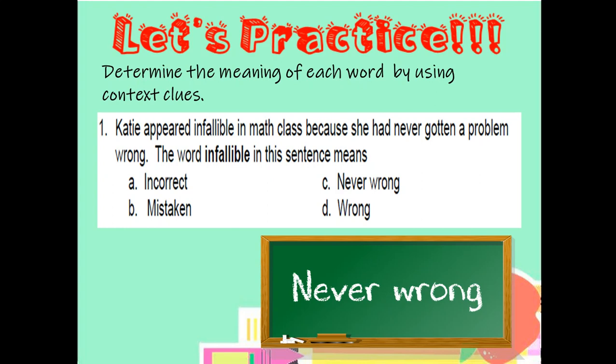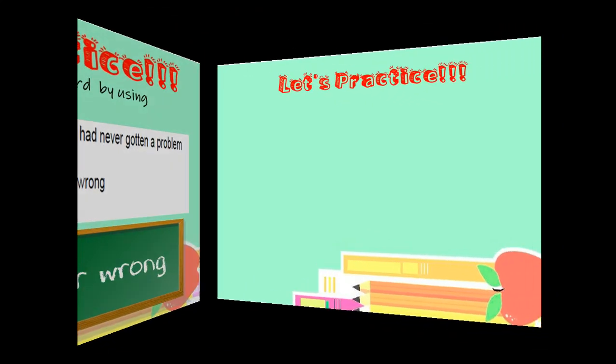Katie never had incorrect answers or mistakes in the math class. Maybe she's very smart. Infallible means never wrong, no incorrect responses in the math class. Okay, you are doing well. Very good.